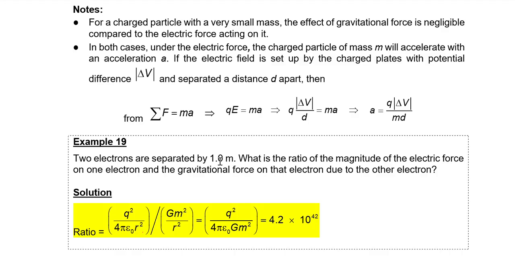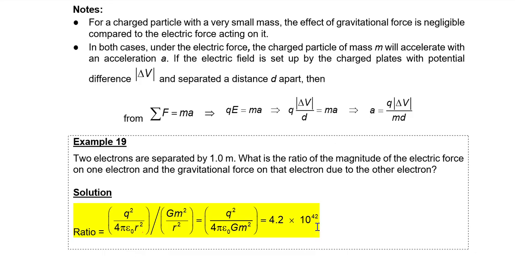Then divide by the gravitational force, G m squared, where you substitute the mass of the electron. Again, r is 1, so it disappears. You press the calculator and you should get this. So you can see the ratio of the electric force to the gravitational force is 4.2 times 10 to the power of 42. 10 to the power of 42 is just absurdly high.